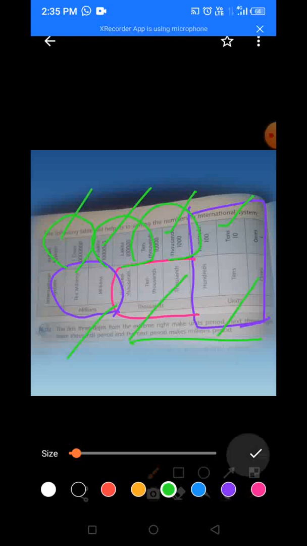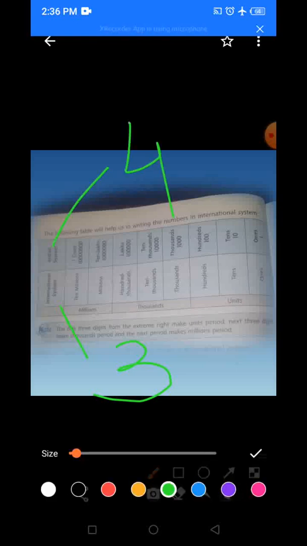So children, now look here. There will be a difference in putting the periods in both systems, the Indian system as well as the international system. We will revise it again. See, the international system has 3 periods, whereas the Indian system has 4 periods. So look here very carefully.